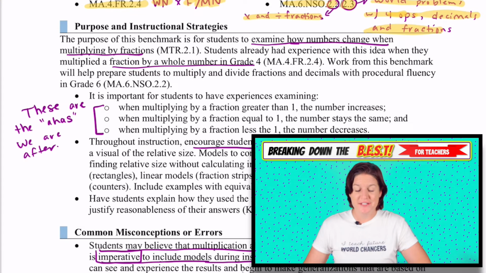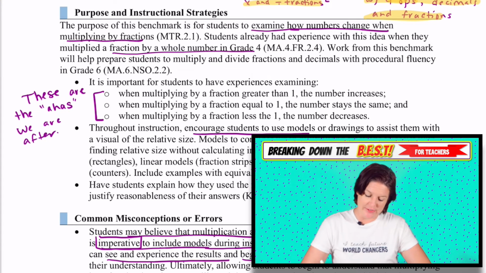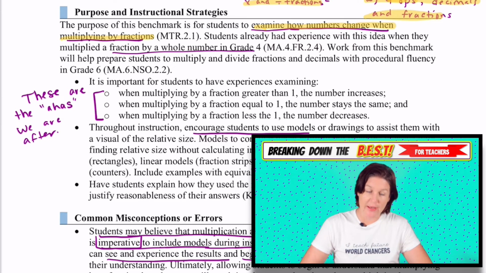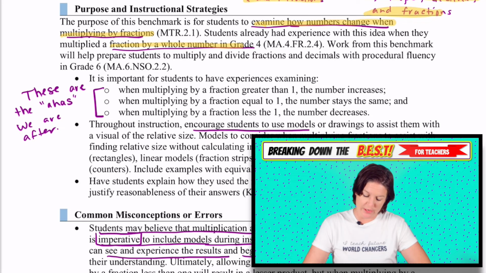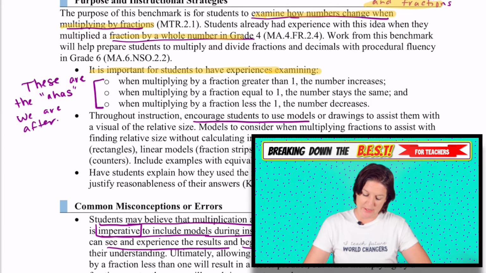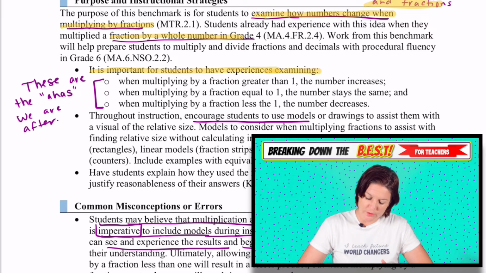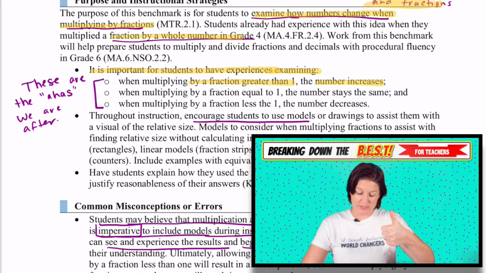Okay, let's get into the nitty-gritty of the standard. It says the purpose of this benchmark is for students to examine how numbers change when multiplying by fractions. They've had some fraction experience in 4th grade, but these are the important things for students to examine. 1, when you multiply by a fraction greater than 1, the product increases.